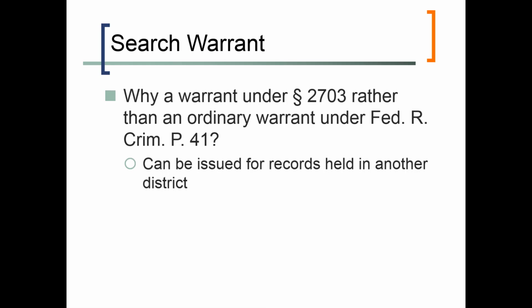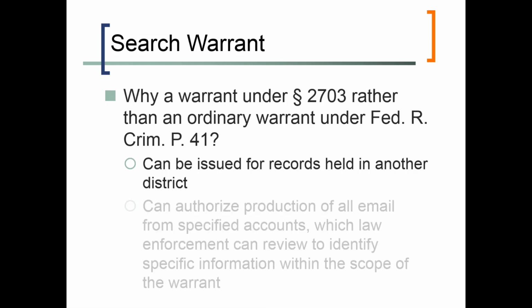Ordinarily, a Rule 41 warrant can be issued for a search within the district in which the warrant is issued. And if you want to do a search in a different district, you have to go to a court in that district and get that court to issue another warrant. So here, it can be a multi-district warrant, and this simply reflects the reality of distributed network computing.